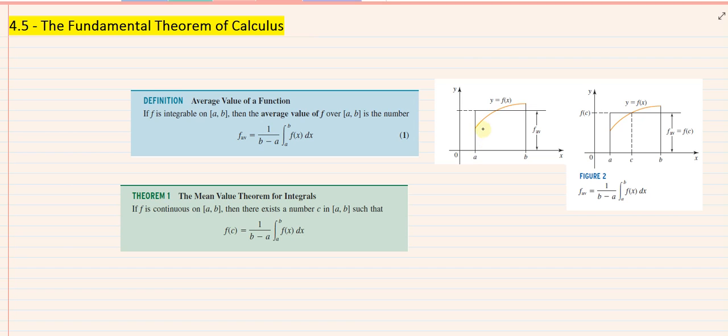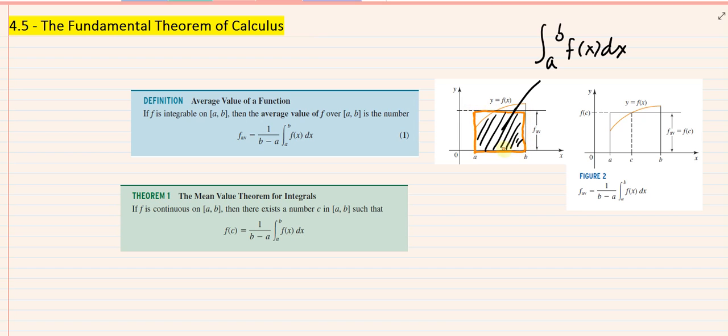So what we're saying is that this area under the curve, which we called the definite integral from a to b of f of x dx, could be written as the area of some rectangle whose length is the distance from a to b and whose height is the value of the function, which is called the average value, f average.